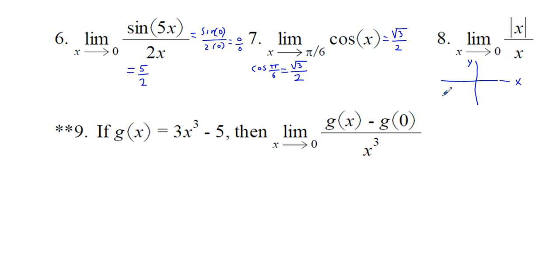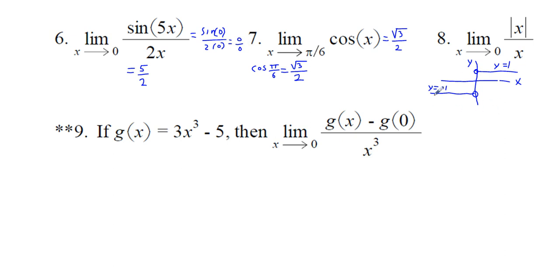And so if we have a negative divided by positive at less than 0, we're going to have a horizontal line here. We're going to have y equals -1, and as we continue to the right, where x is greater than 0, we're going to have y is equal to 1.